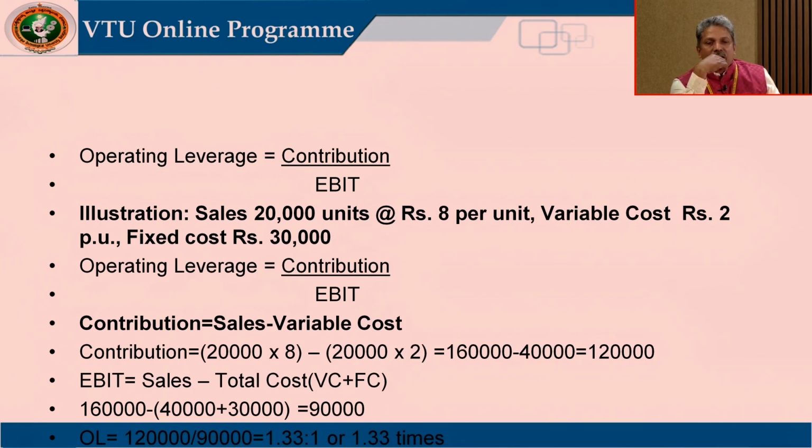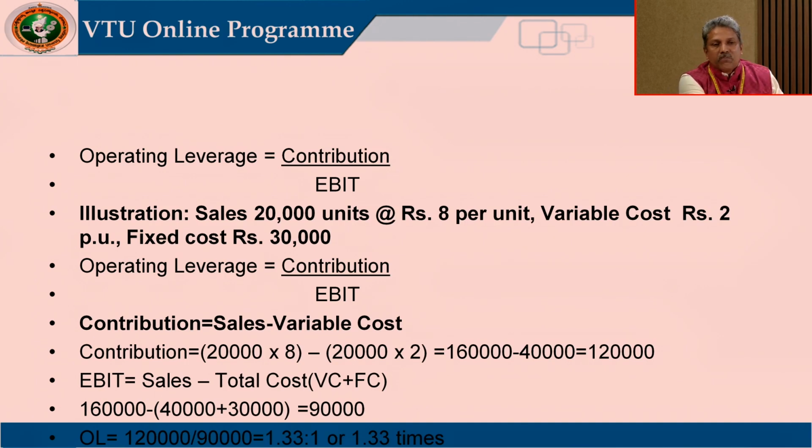So, from the total sales revenue, if you deduct the total cost, in the previous example I mentioned, 5 rupees fixed cost, 2 rupees variable cost, 3 rupees profit, total sales 10 rupees. From that 10 rupees sales, total cost is fixed cost plus variable cost, that is 7 rupees. When you deduct that from sales, you get EBIT as 3 rupees. So, same is the case here.